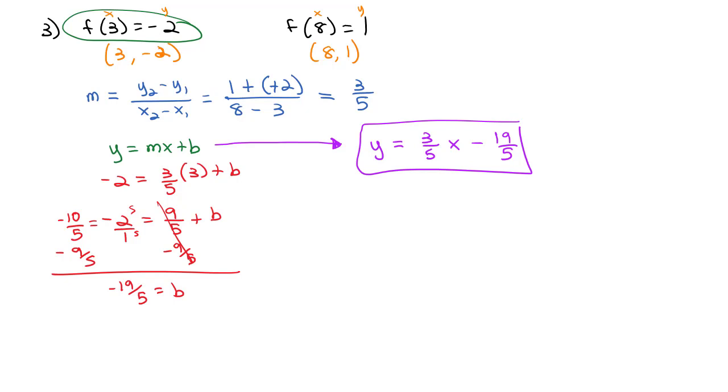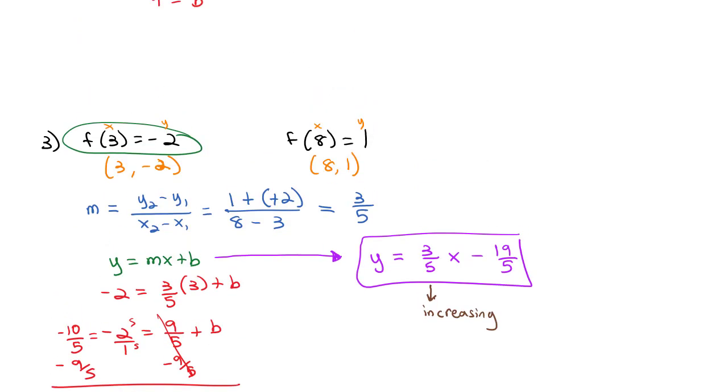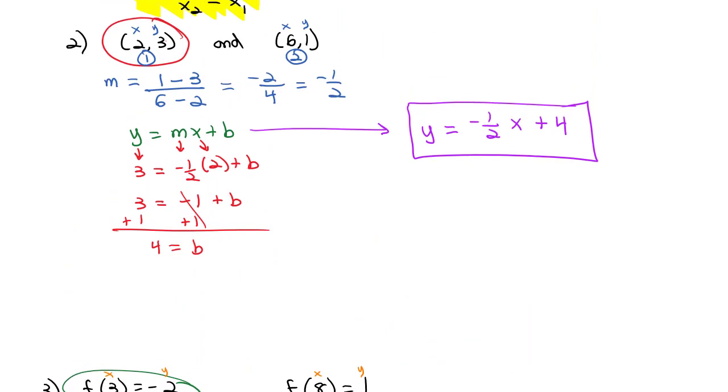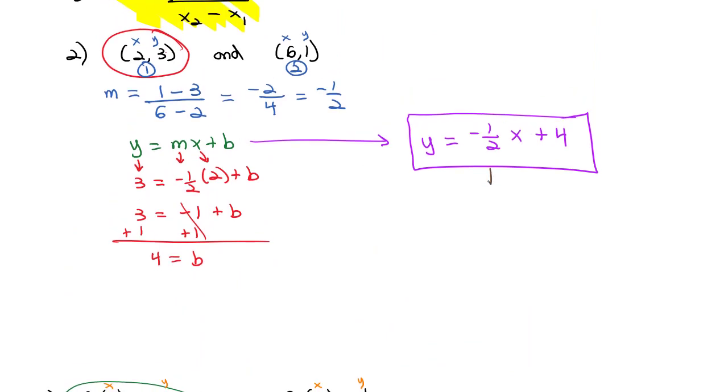Something else I can observe about this example and the example before it, because that 3/5, the slope is positive, I know this graph is increasing. Things are getting bigger because my slope is positive. In the prior example, the slope was negative. And because the slope was negative, I can see my values are decreasing over time. That slope tells us that important piece of information.